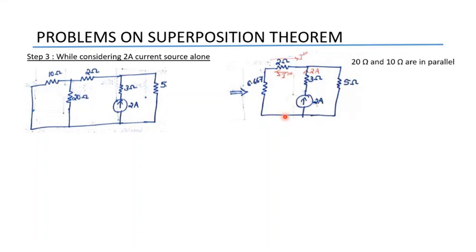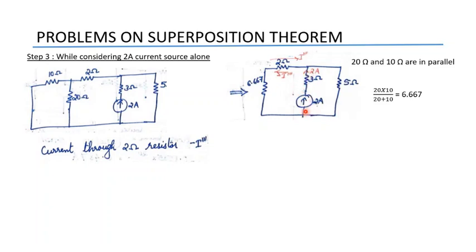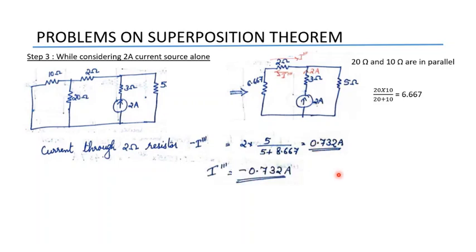Current through 2 ohm resistor, or I triple dash, will be equal to total current, that is 2 ampere, into resistance of the other branch, which is 5, divided by total resistance. Total resistance is 5 plus 2 plus 6.667. We will get it as 0.732 amperes.